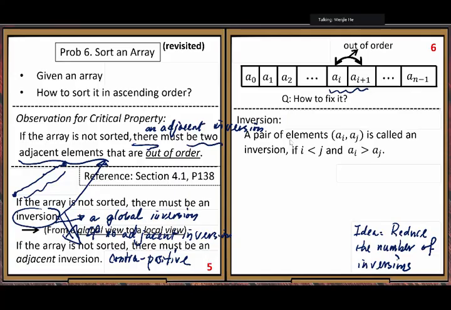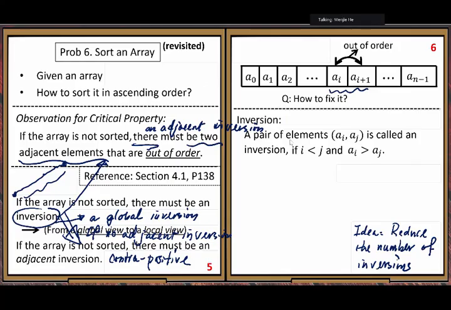All right. The question is, how do you reduce the number of inversions? Actually, it's very simple. Let's look at just one inversion.